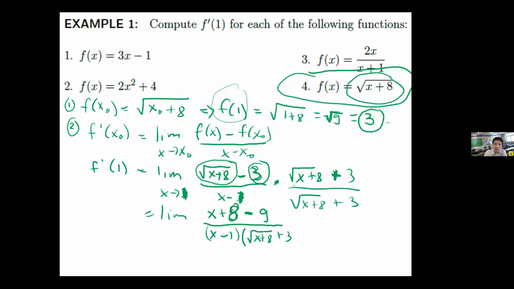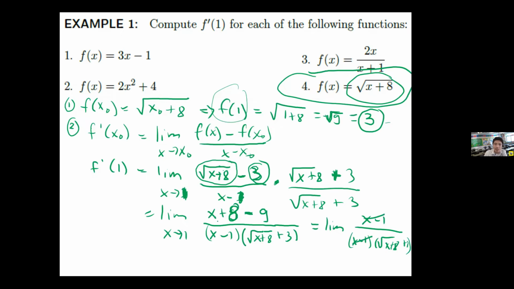We only simplified the numerator, and the conjugate remains as x approaches 1. So we can simplify this. This becomes the limit of x plus 8 minus 9, which becomes x minus 1, over the denominator x minus 1 times the square root of x plus 8 plus 3. Then the x minus 1 cancels out.